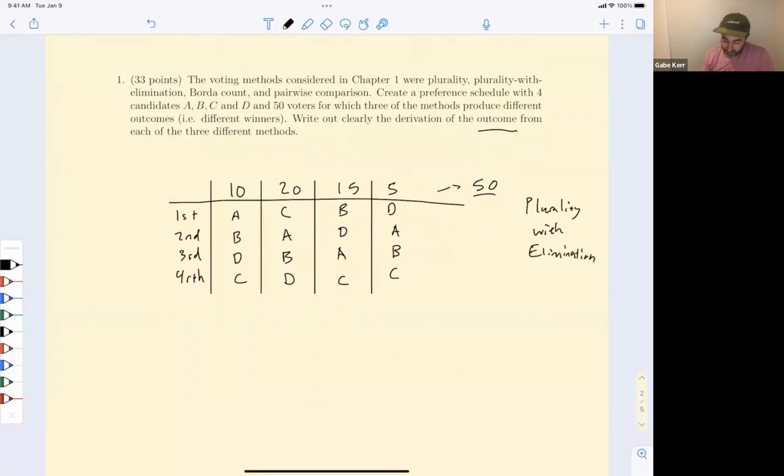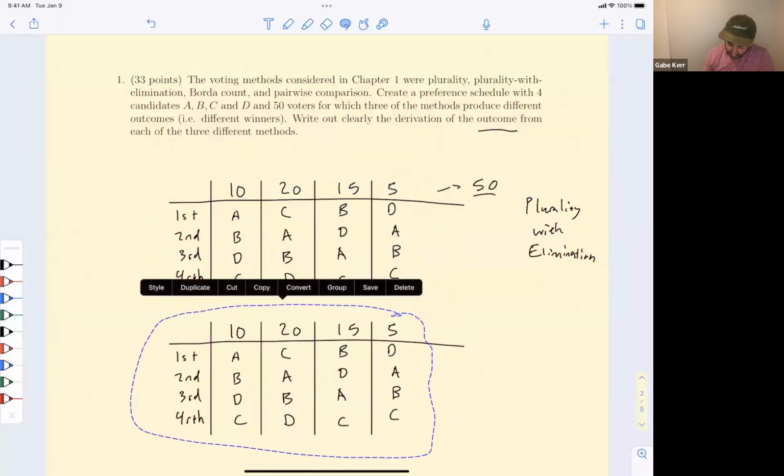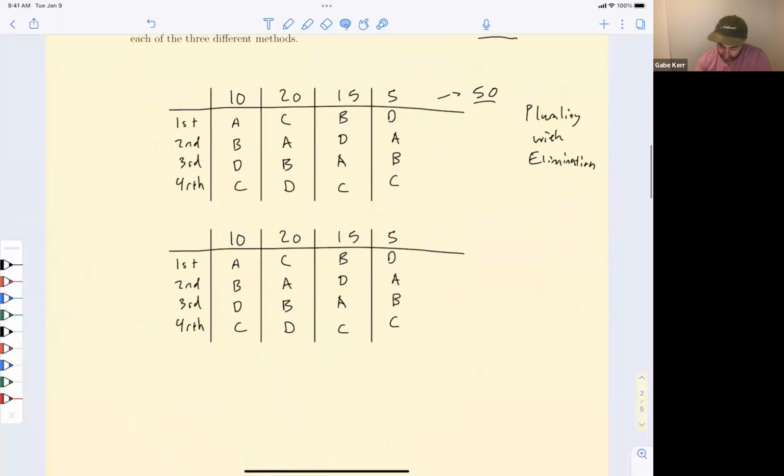So the way I presented it in class is a little different than the book. It's the same method, but I like to think of it as a process. The way I want to think about it is, you want to determine your loser at each stage.